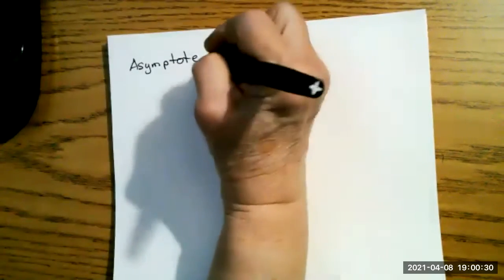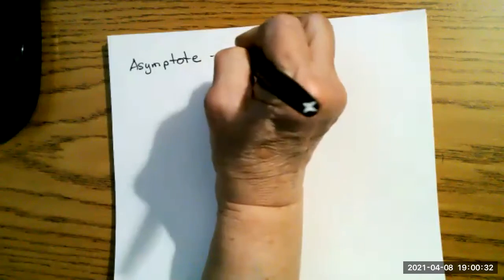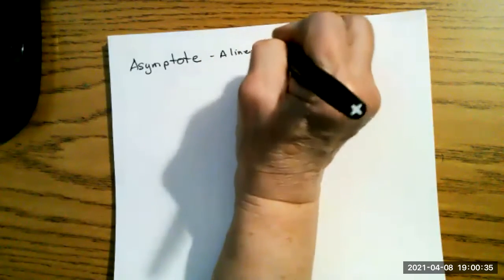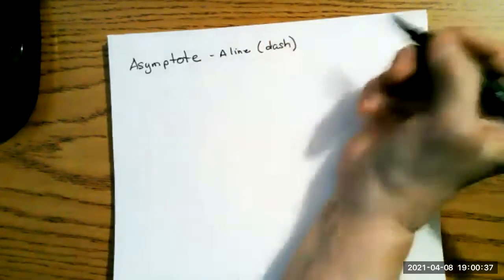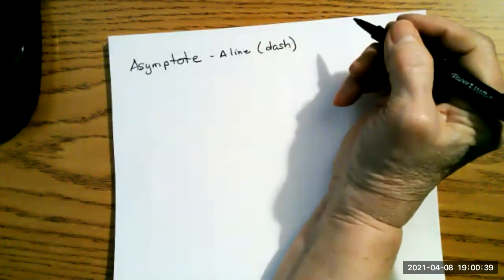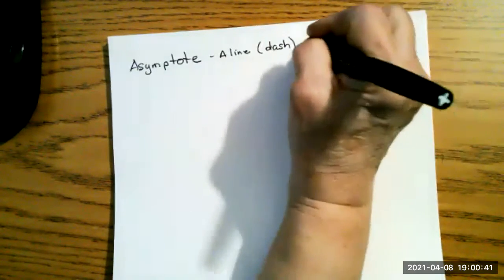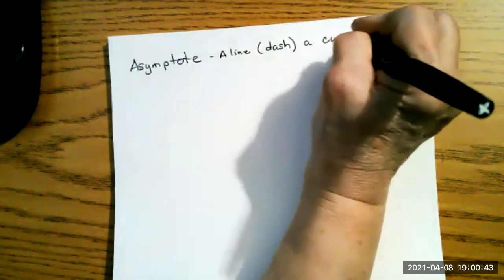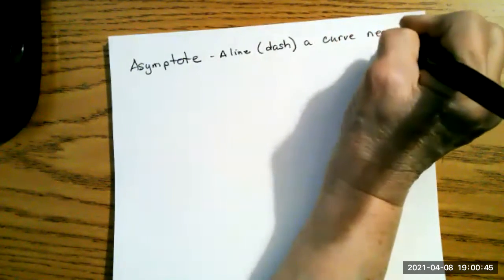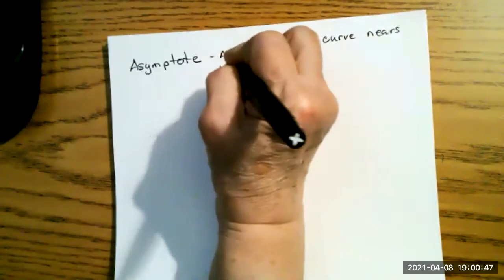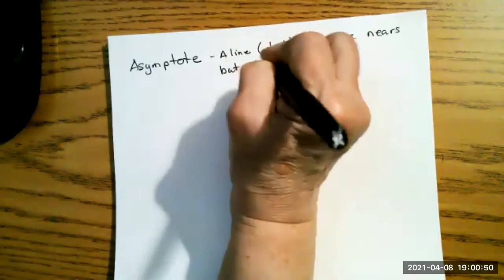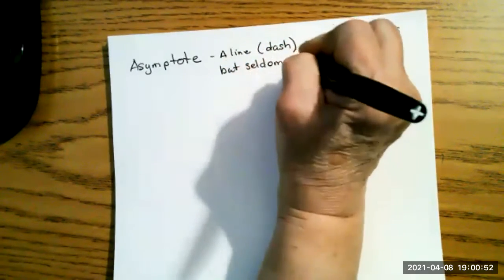I remember something about a line on a graph. It is a line. Very good. Okay, so an asymptote is a line, and we always dash it. It's a dashed line. A line, a curve, nears, but seldom intersects.